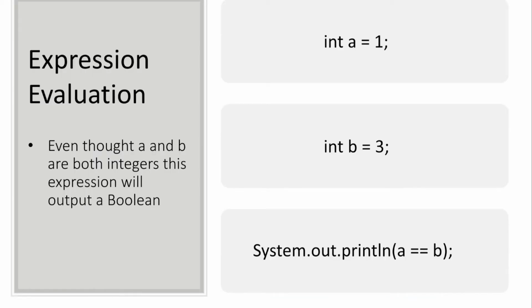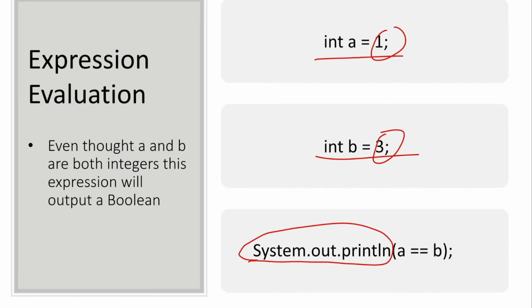Alright, let's go back to expression evaluation for some time. In this case, we are defining A and B as integers that have different values. And in here, we are printing out, remember, System.out.println prints out this statement, A equals equals B. As we learned earlier, double equals is for equal to. Does 1 equal 3?